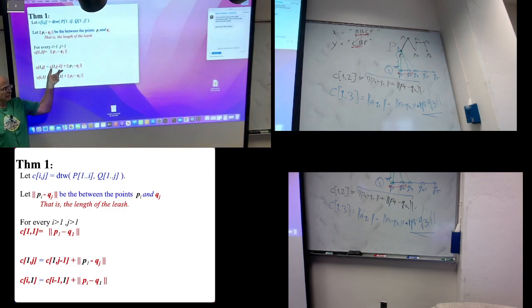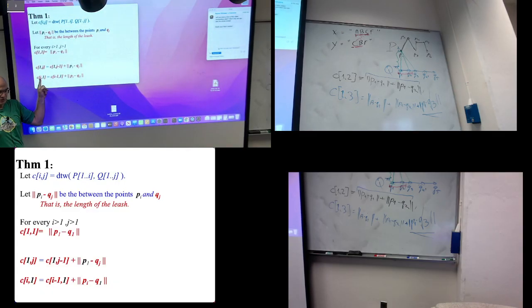Okay, if that confuses you, then just write down the sum of all the expressions: P1 minus Q1, P1 minus Q2, P1 minus Q3, all the way up to P1 minus Qj. But notice a j over here. We are looking at the prefix of the j part.